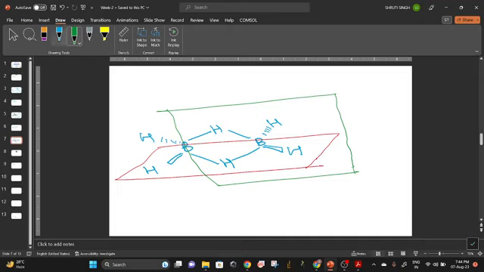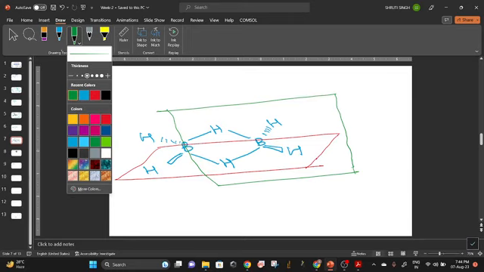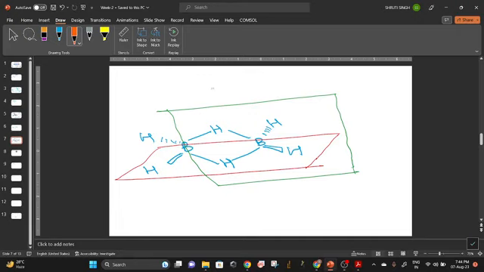and one more will be along the third axis. Let me draw it with this one. This one will be bisecting the hydrogen atoms in the other direction.